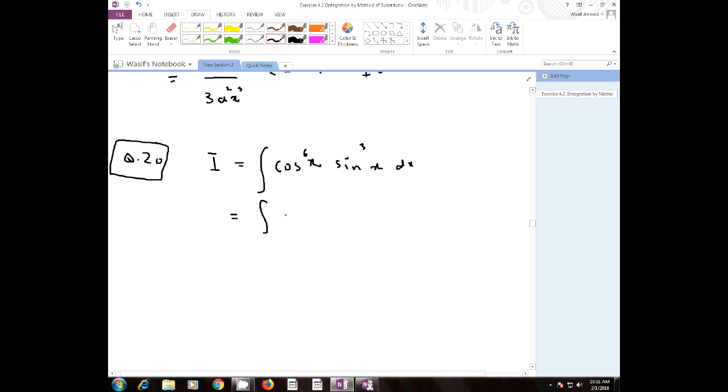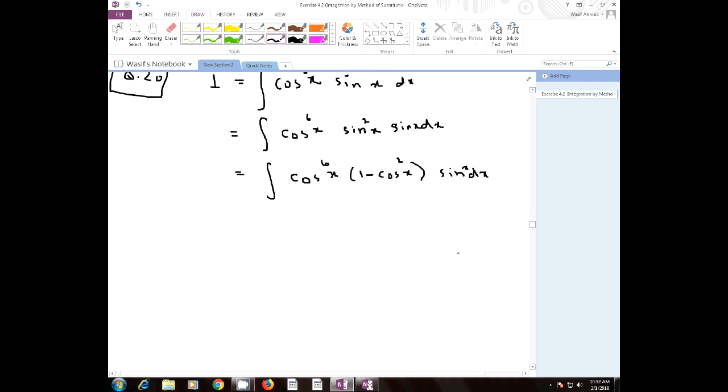Rewrite this integral as cos raised to the power 6 x and sine square x multiplied with sine x dx. Why it is done, you will understand in the next few steps. Cos raised to the power 6, and instead of sine square x you have to write 1 minus cos square x. Sine x dx has to remain as it is.